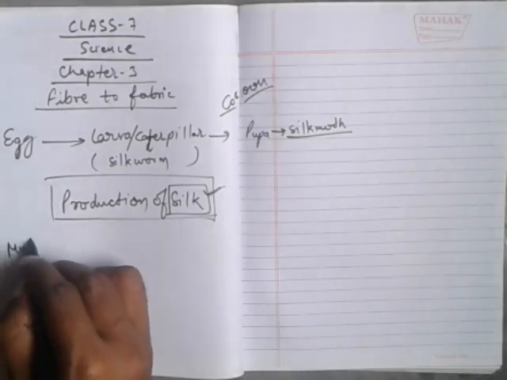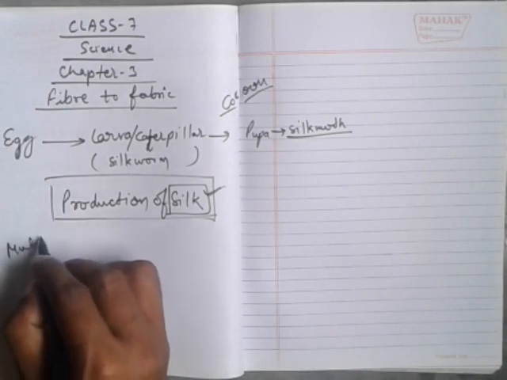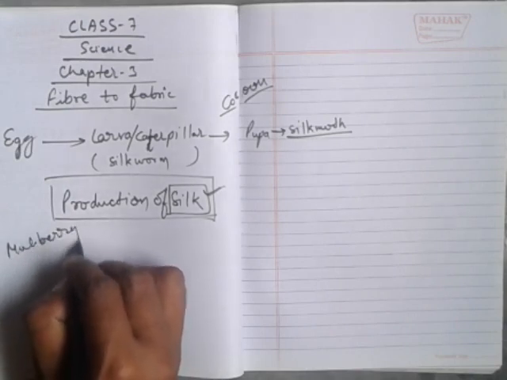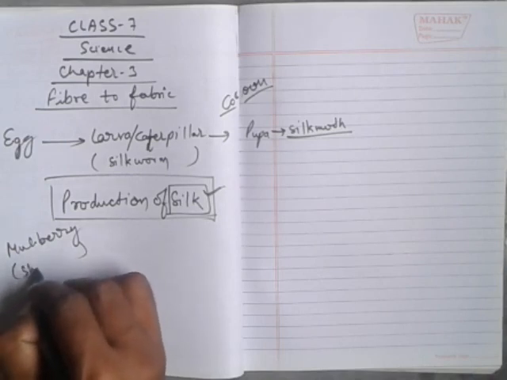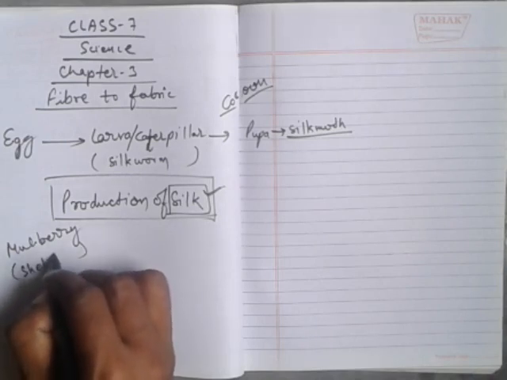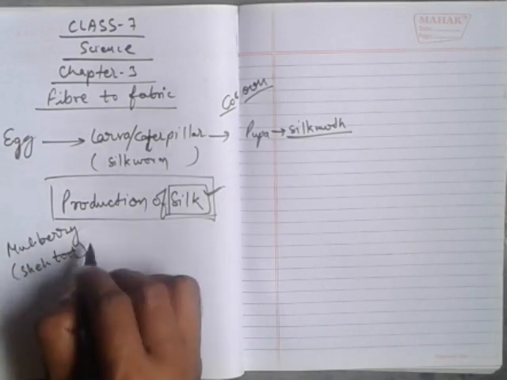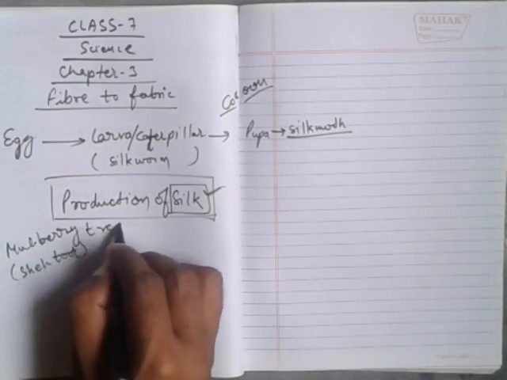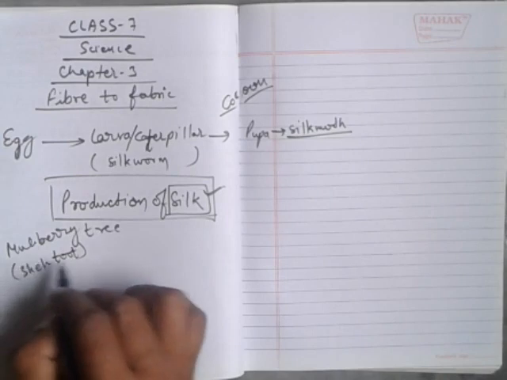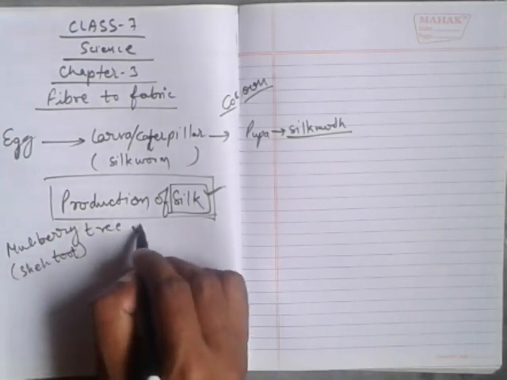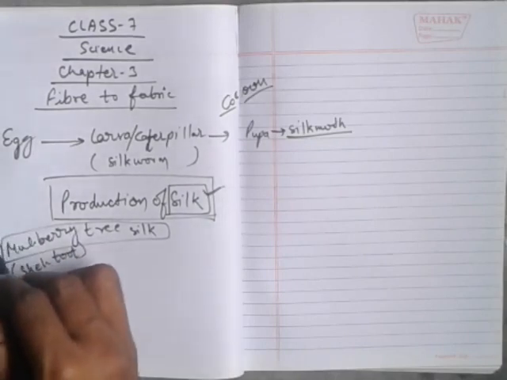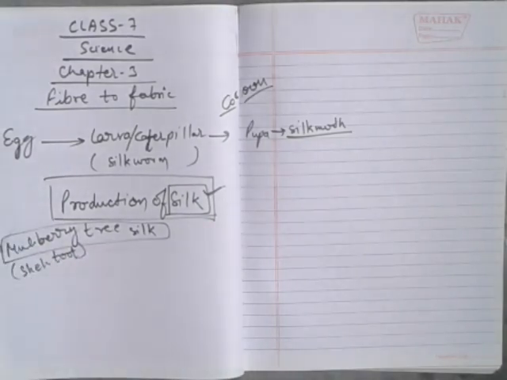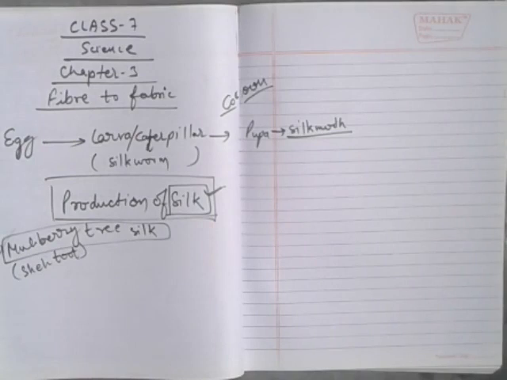Mulberry means sahtut tree, we call it sahtut in Hindi. We also call it mulberry tree silk, and it is a common variety of fiber mostly obtained in India.